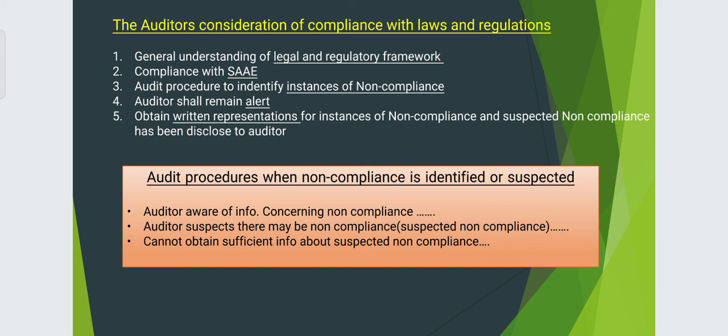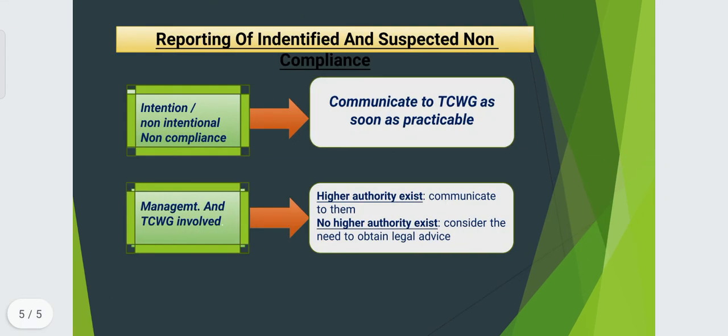Now, the last topic that I am going to discuss is reporting of identified and suspected non-compliance. Whether the non-compliance is intentional or unintentional, the auditor shall communicate it to those charged with governance as soon as practicable.